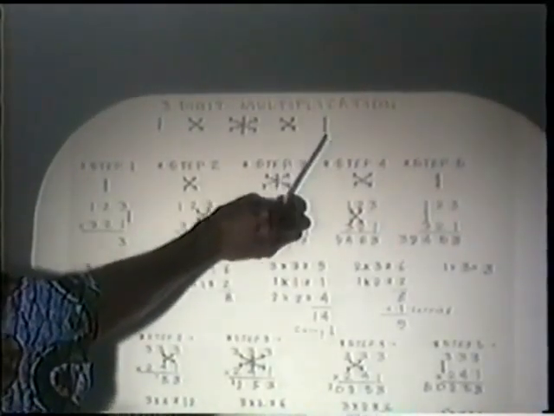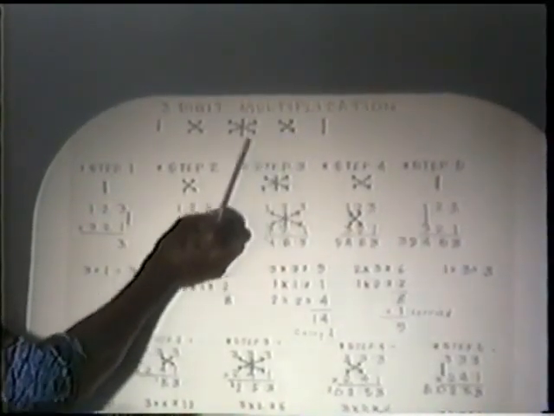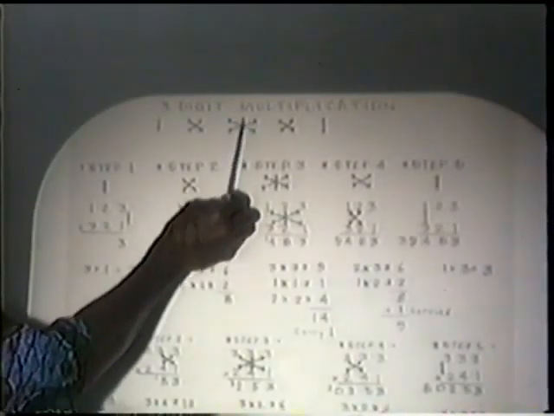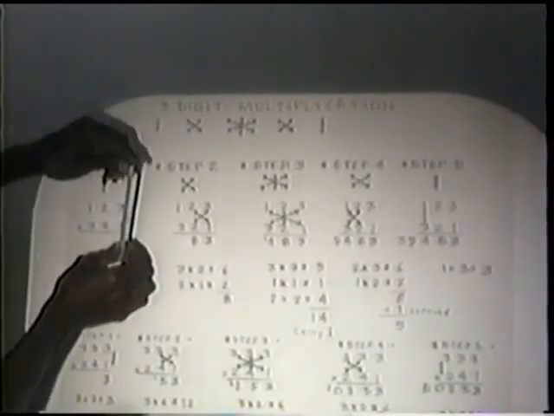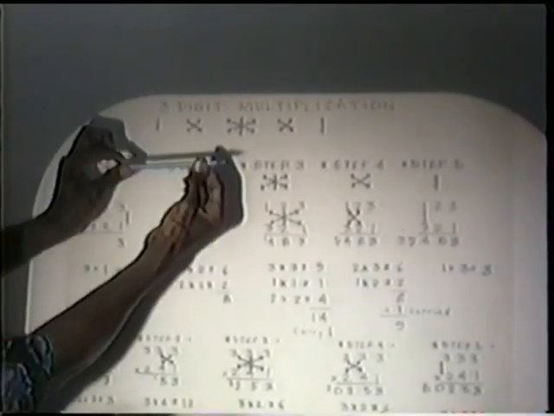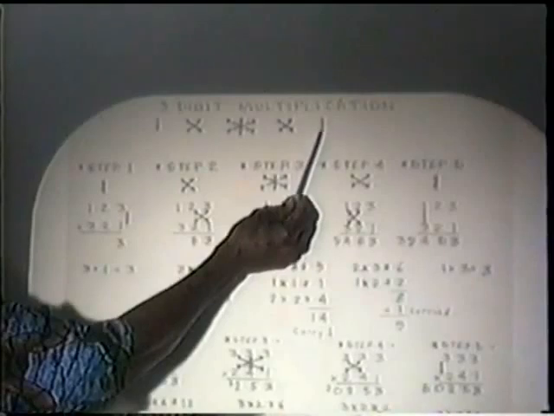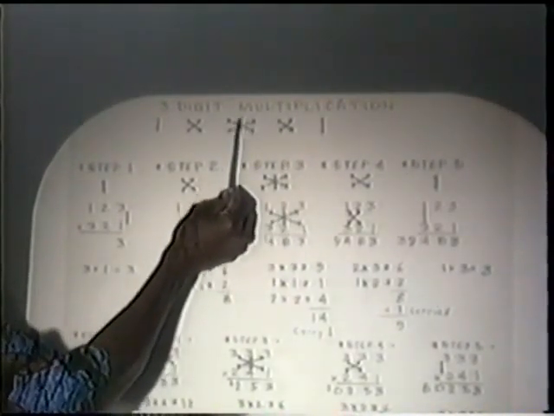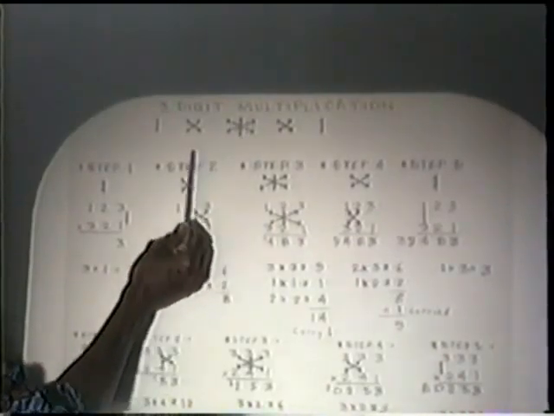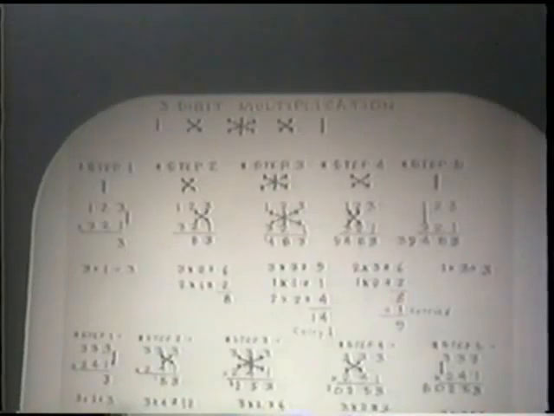Vertical multiplication, cross multiplication, and vertical multiplication. The way I'm holding this pencil is vertical. When I hold it this way is horizontal. This is vertical multiplication, this is cross multiplication, this is cross multiplication and vertical multiplication. This is cross multiplication, this is vertical multiplication.